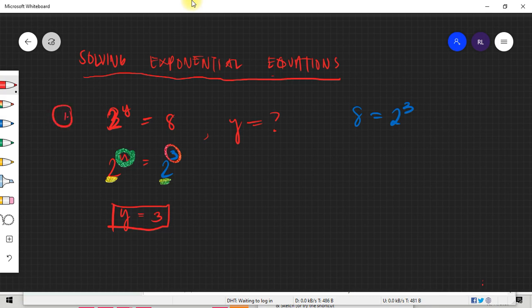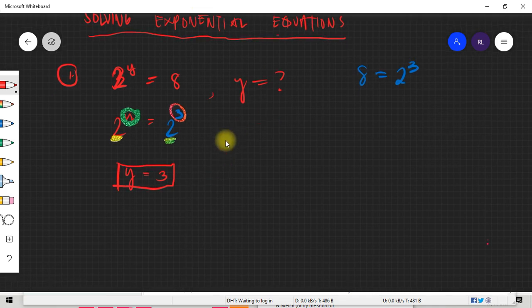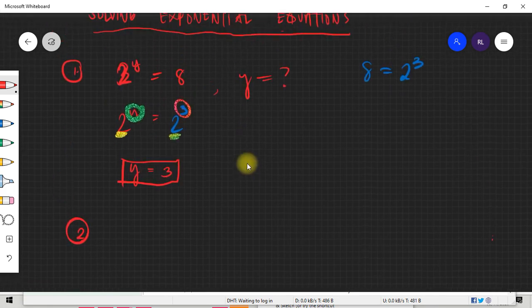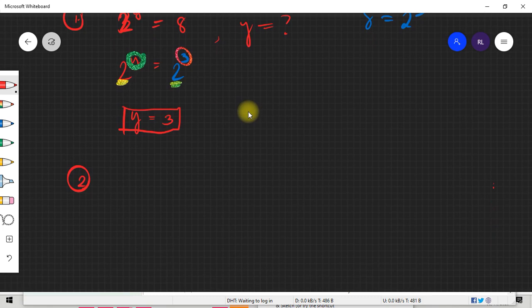Okay, so let us say number 2. Number 2, we have 3 raised to 2x plus 1 equals 27 raised to 2. What we're going to do is express 27 in base 3.